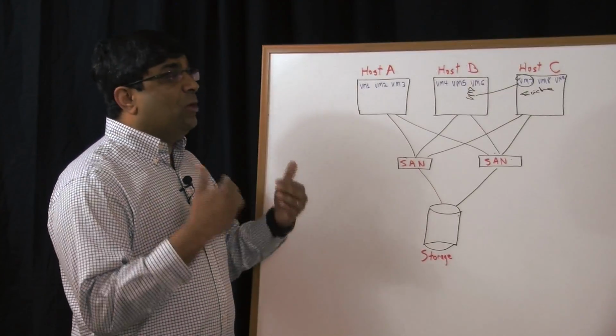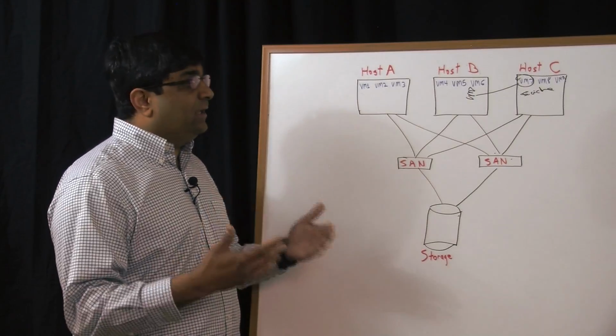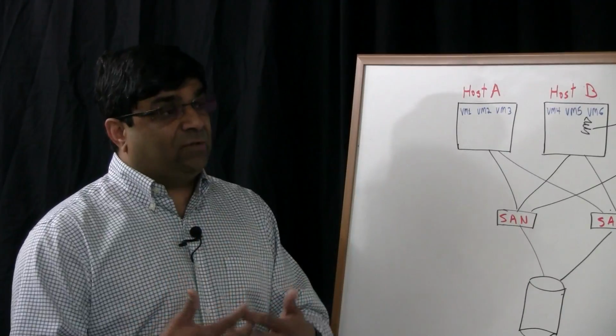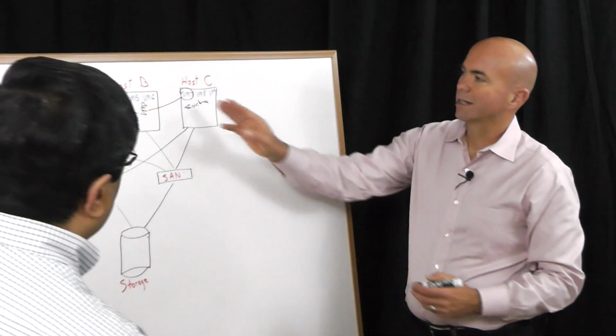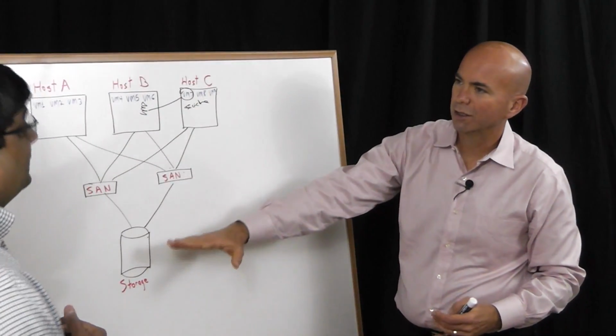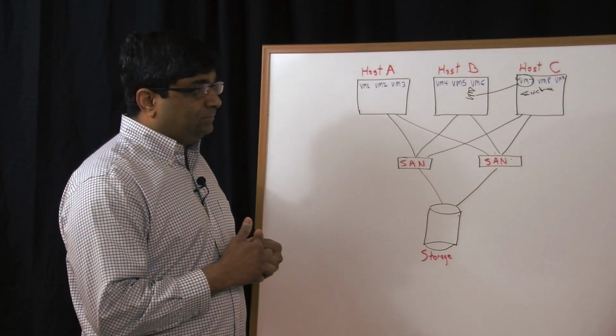Because of the way we hook into the ESX storage stack, we can detect that and purge the cache when it needs to be, and preserve the cache when it doesn't need to be purged. Okay, so in this case, you might evict all the cache out here, or preserve it in case VM7 comes back. Right. Okay, well that's very interesting.